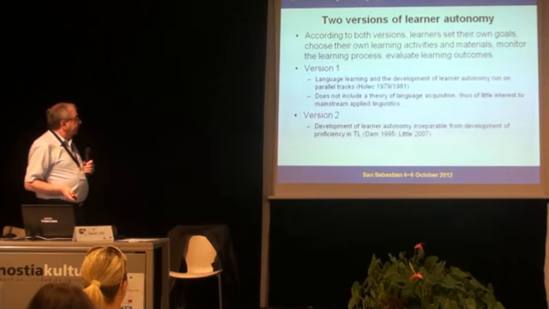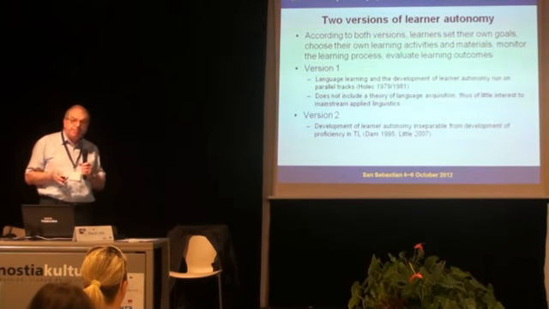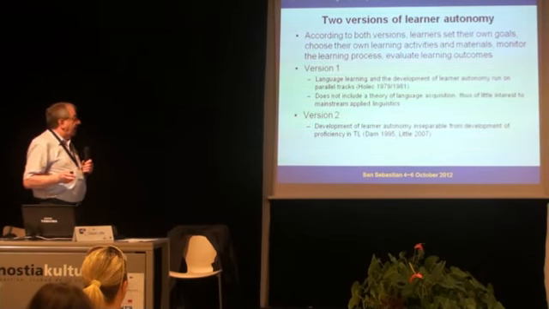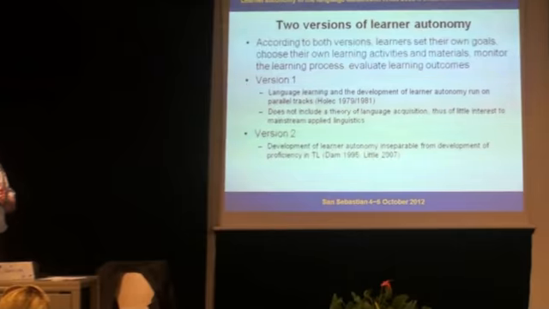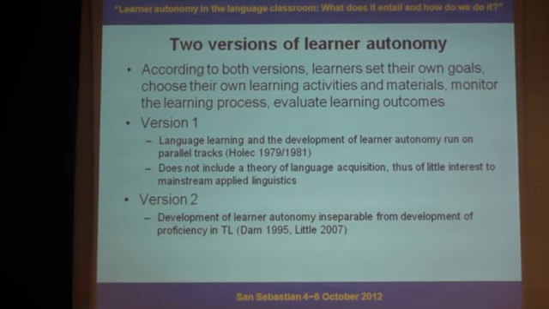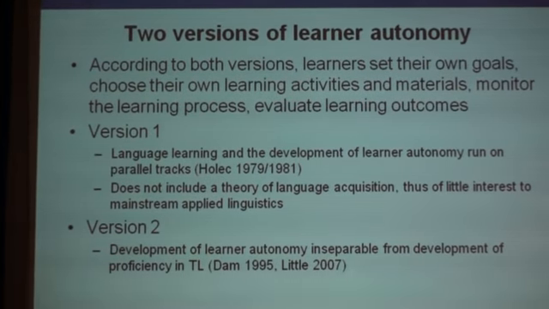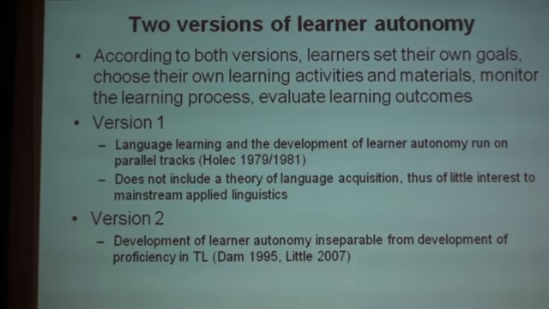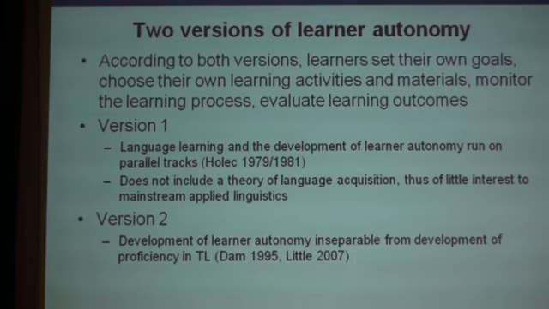Version 2 sees the development of learner autonomy as inseparable from the development of proficiency in the target language. That is key to Leni's work, and it's something that I've tried to tease out in a principled or quasi-theoretical way in a number of publications, perhaps most exhaustively the article I published in the inaugural issue of Innovation in Language Learning and Teaching back in 2007.